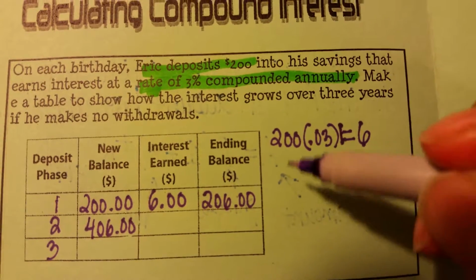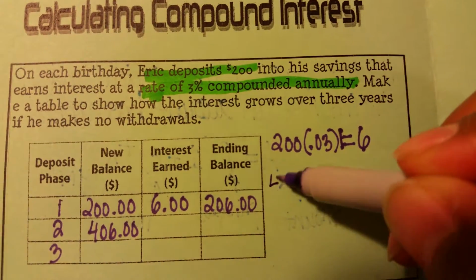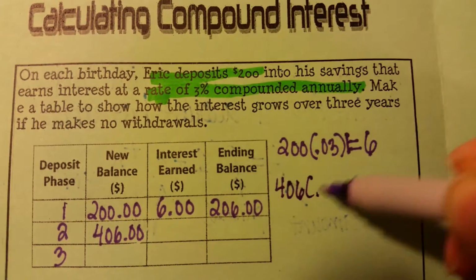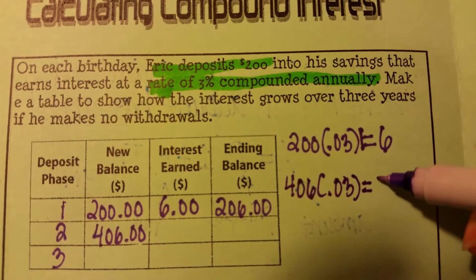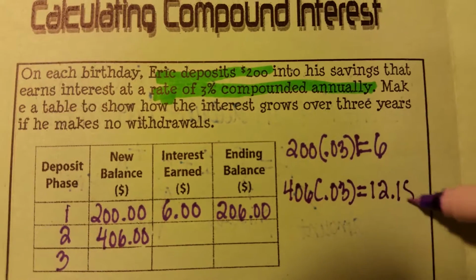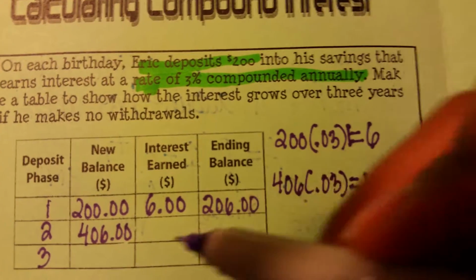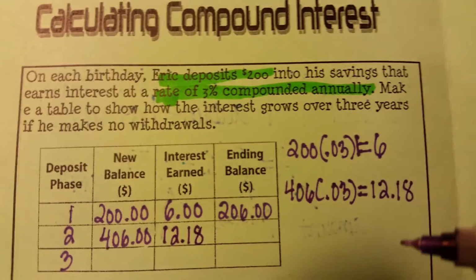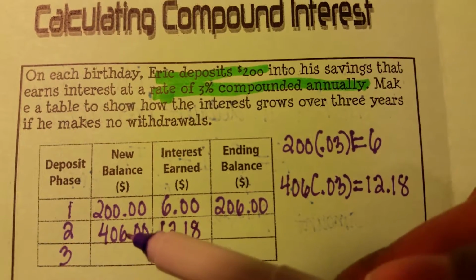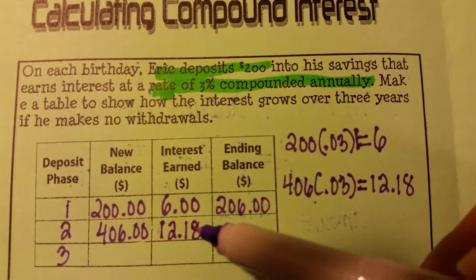All right, so now we would do 406 times 0.03, which would give us $12.18. So now my interest earned here is $12.18. So now I'm going to add these 2 numbers here.